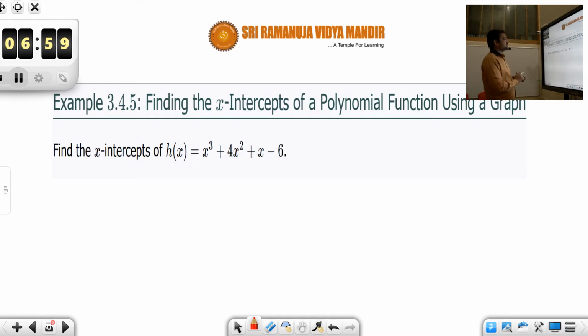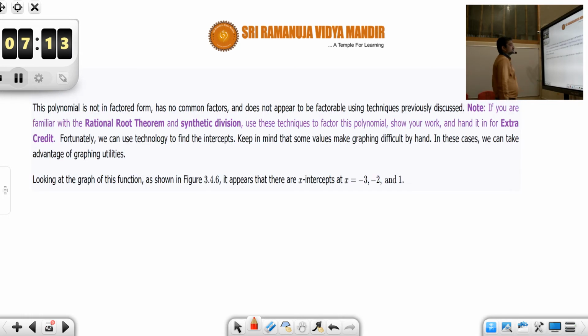Now, again, let's look at another example. Finding the x-intercepts of a polynomial function using a graph. Okay, let's try to find the x-intercepts of this function. See, this polynomial is not in factored form, has no common factors, and does not appear to be factorable using techniques previously discussed.